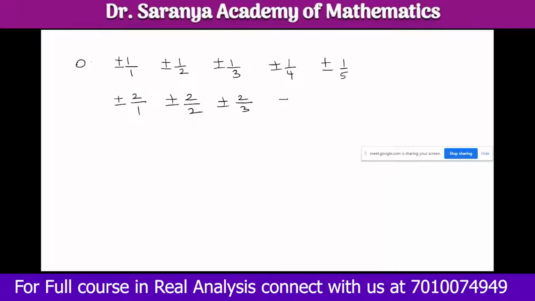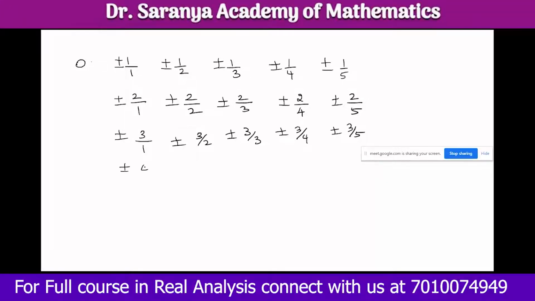Same as this, plus or minus 2 by 4, plus or minus 2 by 5. Then again plus or minus 3 by 1, 3 by 2, 3 by 3, then 3 by 4, then 3 by 5.